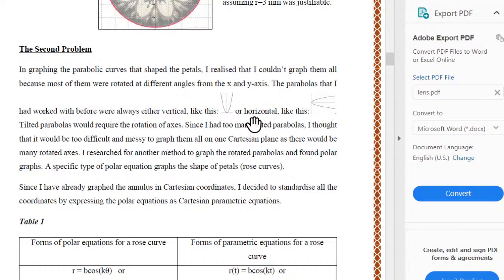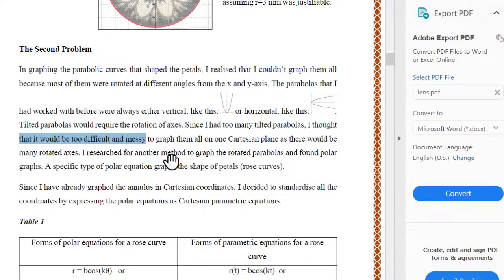This is anticipating how the difficulty is something, and this is showing understanding, demonstrating understanding. Okay. So yeah, I heard about these rose curves.